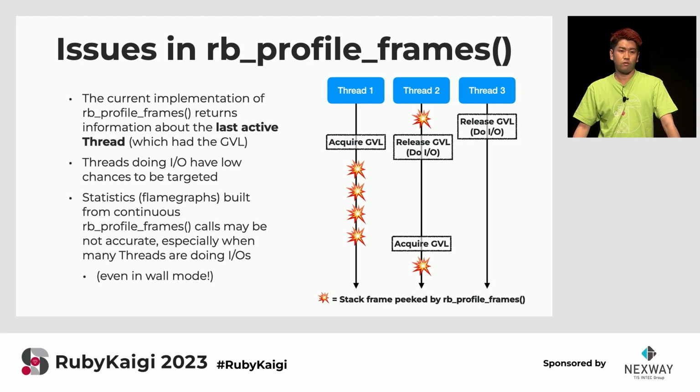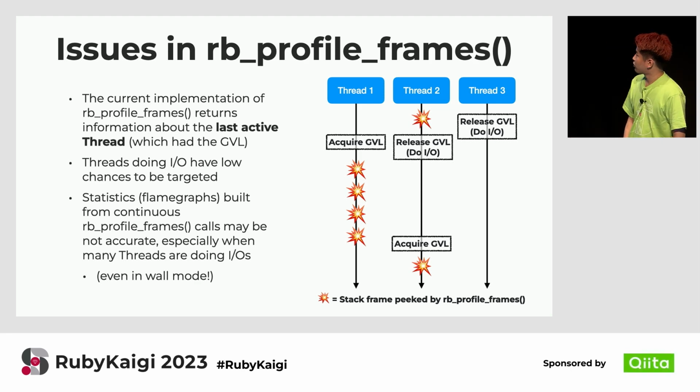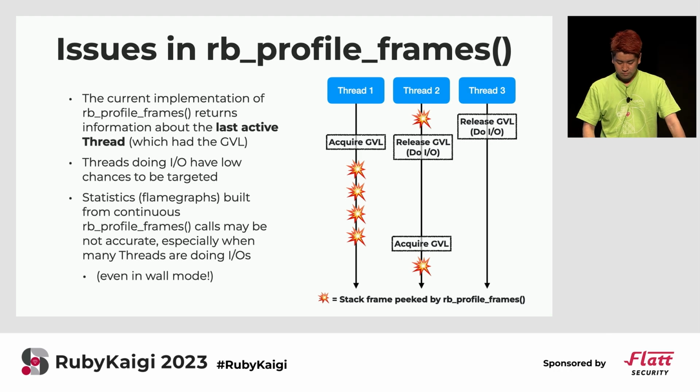And threads doing I/O don't have the GVL, so they have low chances of being targeted. So in this case, the bang represents the stack frame picked by rb_profile_frames. Of course, thread 1 has the GVL, so when rb_profile_frames was called 6 times, only thread 1 is getting the attention.